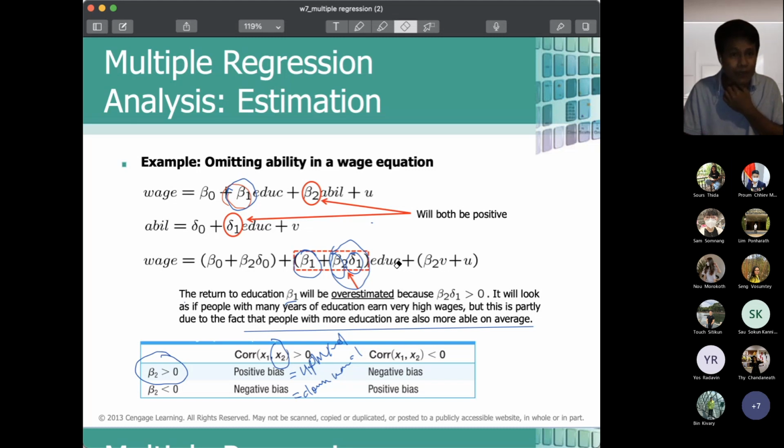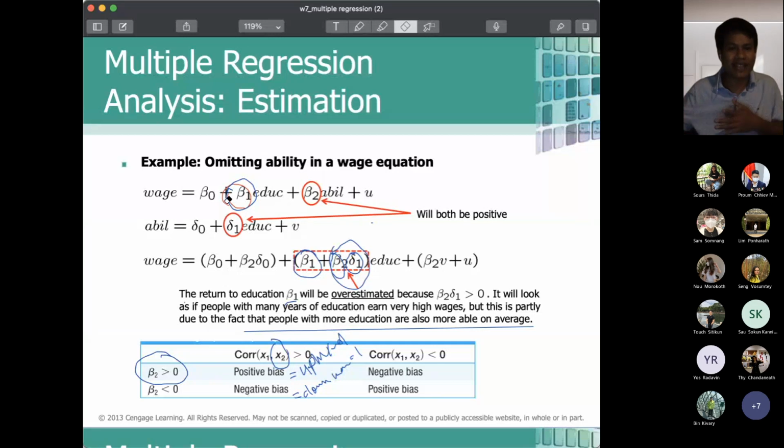All right. So if you exclude or omit a relevant variable, when we say relevant variable, it is a variable that correlates with education and affects wage. For instance, ability here. Ability also correlates with education and also affects wage, right?